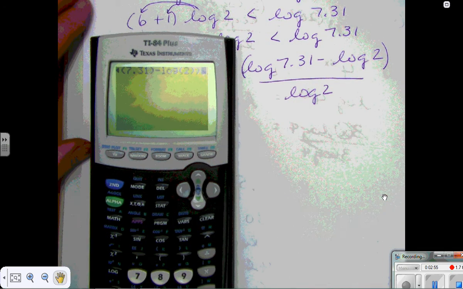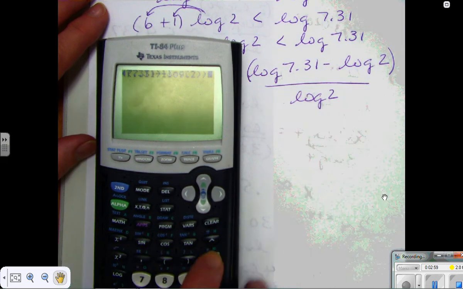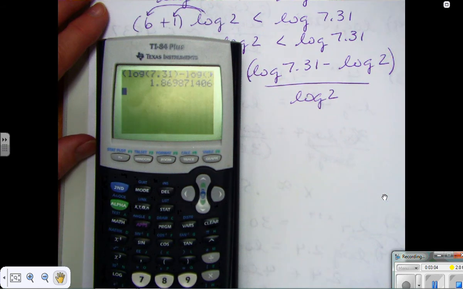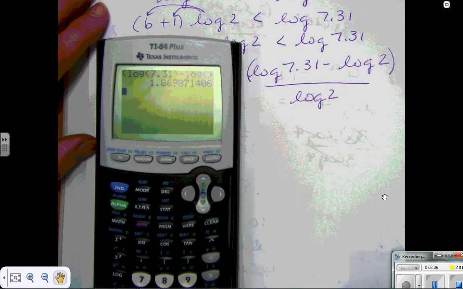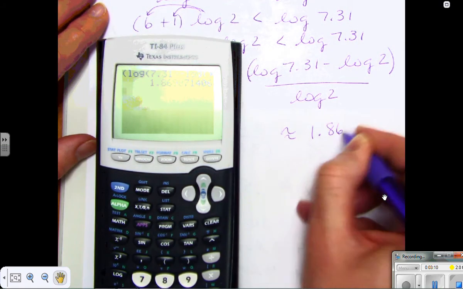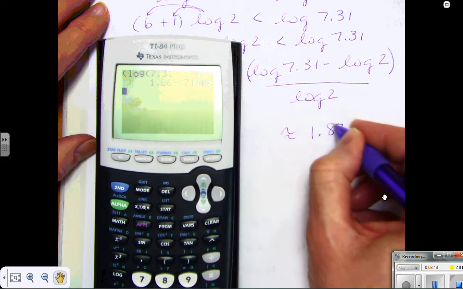So I'm closing the numerator with double parentheses and then divide by log 2. And I'm getting about 1.86, 87, you're right.